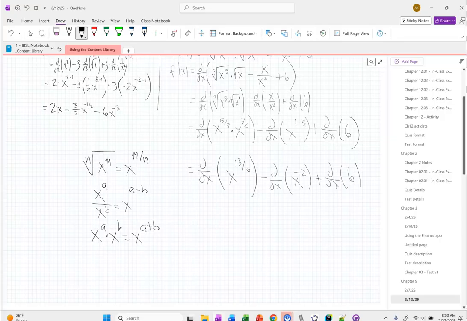Now that we've gotten this down into a single expression of x, right? x is only in one place. There's no more multiplication, there's no more division anywhere going on in this. Now, I got it to a place where I can apply the final rules for derivatives to finish this problem off. So what is the derivative of x to the 13/6 going to look like?